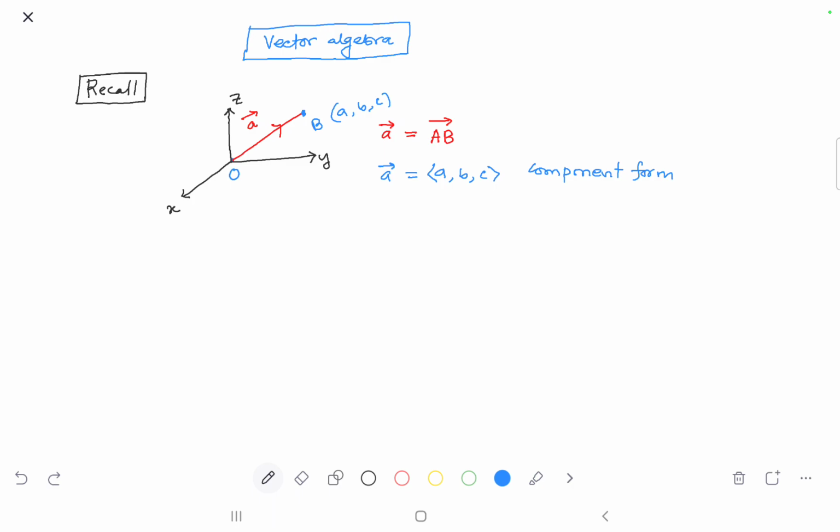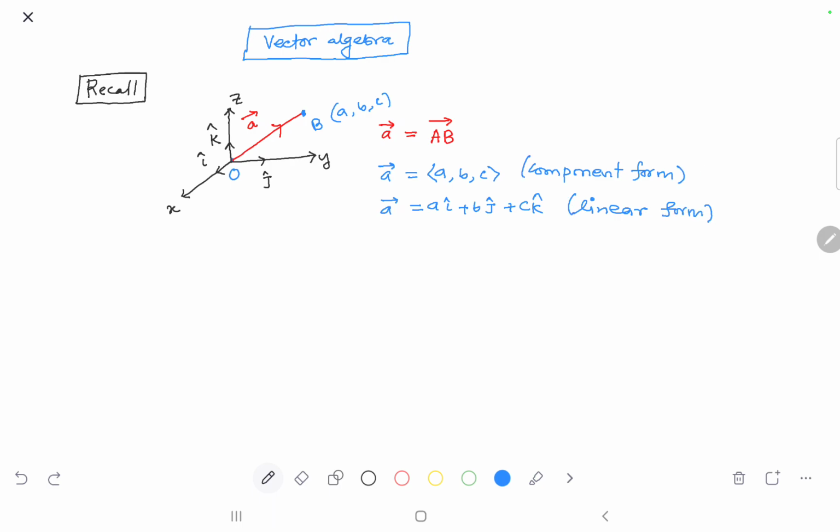In the linear form, with unit vectors i cap, j cap and k cap along the axes, we write the vector as a i cap plus b j cap plus c k cap.